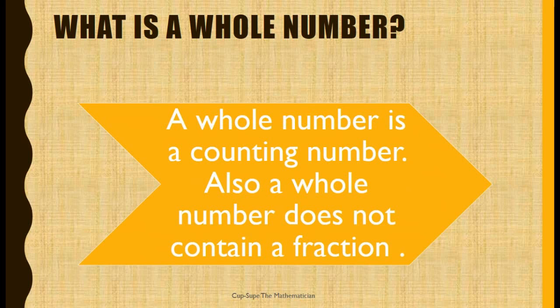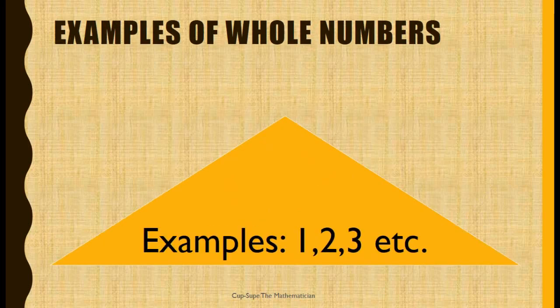It is whole. It is by itself. It is in its original form, like a whole cake, a whole pizza. And you can also give other examples. And of course, your pizza would come in several slices. And if you take out a portion, then that would be a fraction of the original pizza. And these examples were stated.